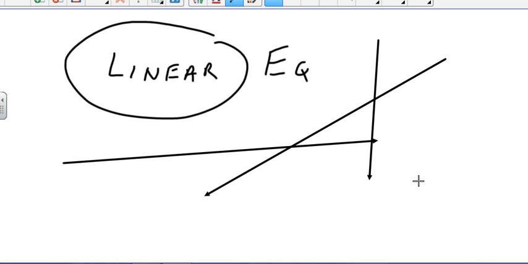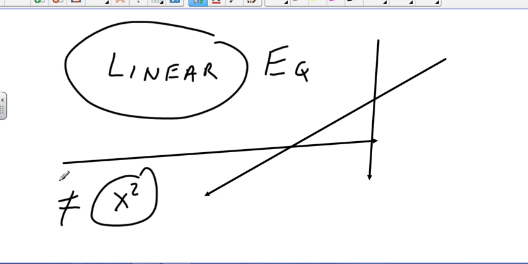I could have a 3-dimensional, 2-dimensional, or 1-dimensional linear thing. But if I throw in a square, then I'm no longer linear. So linear means I got a line.